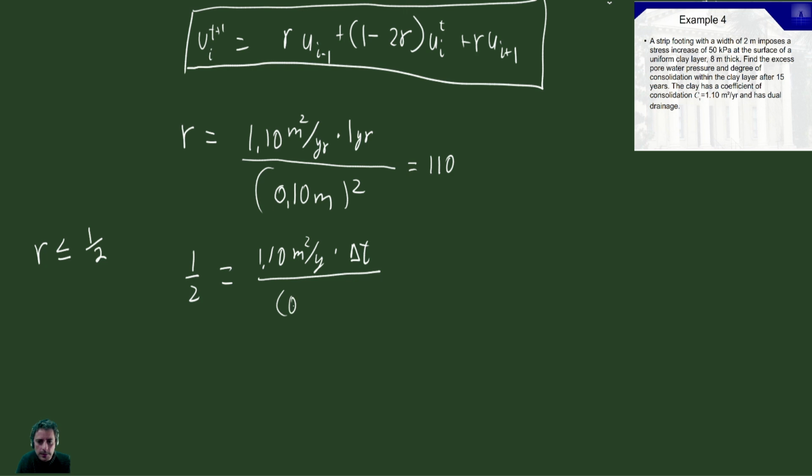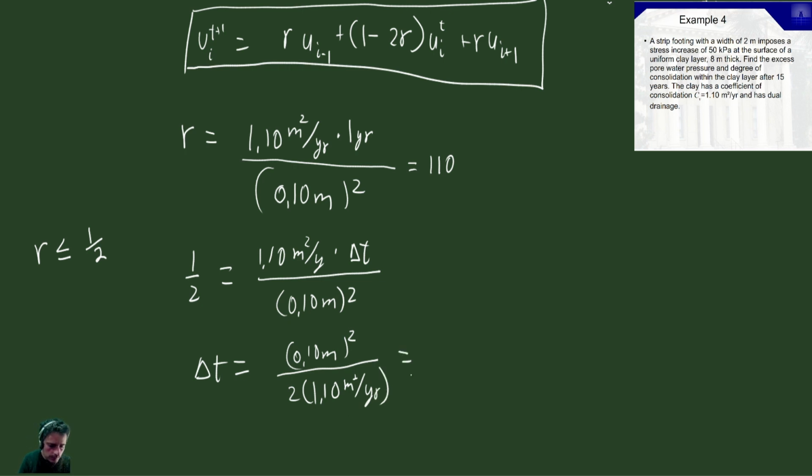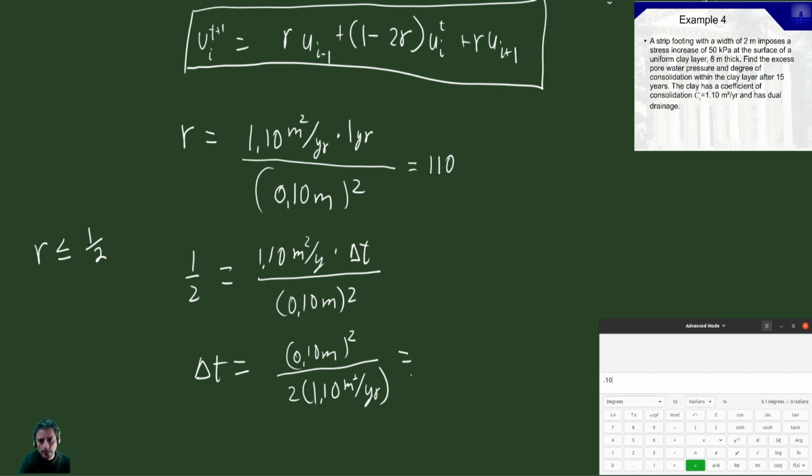So 0.10 meters squared, so delta t will be equal to 0.10 meters squared over 2 times 1.10 per year, and so that will be equal to 0.00455.